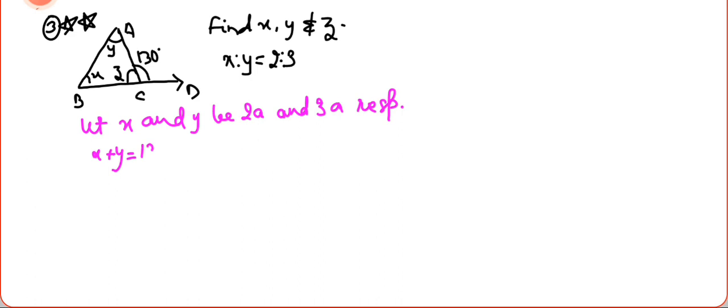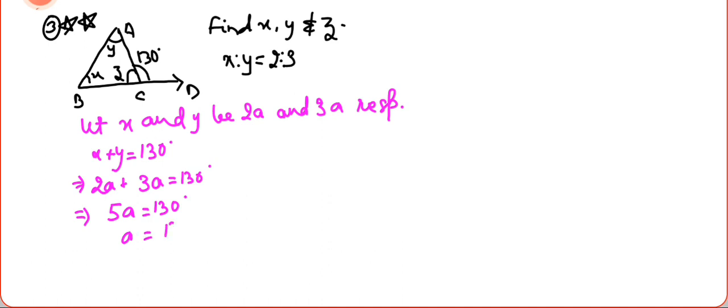is equal to 130 degrees, where X we have considered is 2A plus Y is 3A, is equal to 130 degree, where 2A plus 3A is equal to 5A is equal to 130 degrees, where A is equal to 130 divided by 5, which is equal to 26.